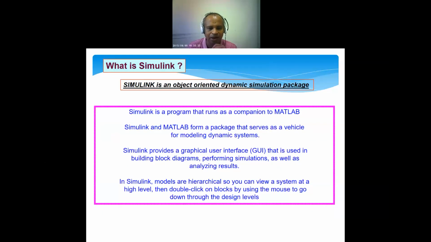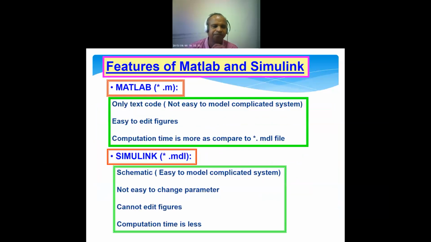Simulink is a program that runs as a companion to MATLAB, and it has a graphical interface where you can easily understand things. In MATLAB code, we sometimes design in code like the C language. You write a code and run the program, then save it, run it and debug it.